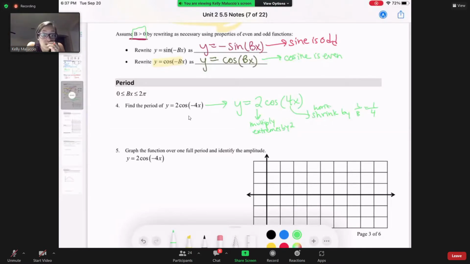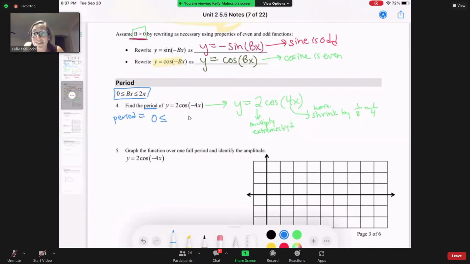Okay. So what we're going to do to get the period, and we're trying to find the period, so the period equals 2 pi, then times... okay, I guess they want us to use the 0 too, which is kind of weird. So they want us to say the period is 0 less than or equal to, we're going to use this to figure it out.